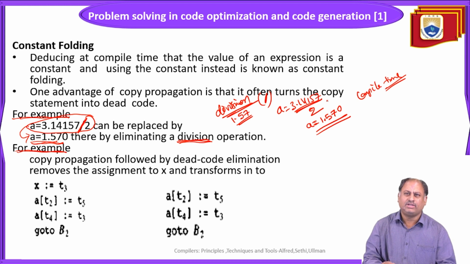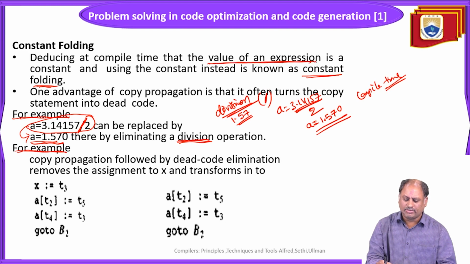This is one of the advantages of copy propagation, to make this expression a constant value. This is called constant folding. Instead of writing the expression and calculation, here only division, or any other plus or minus computation, we calculate the value of the expression.